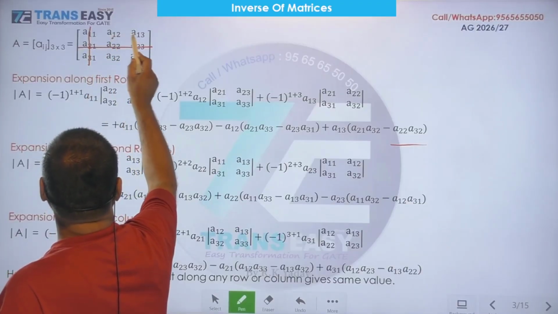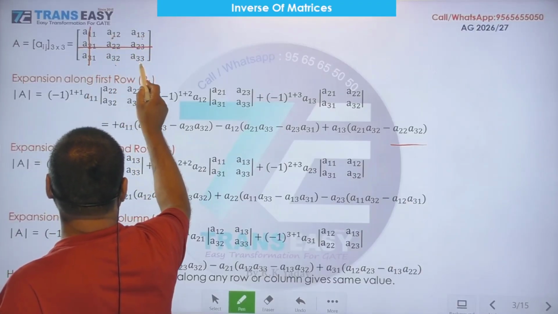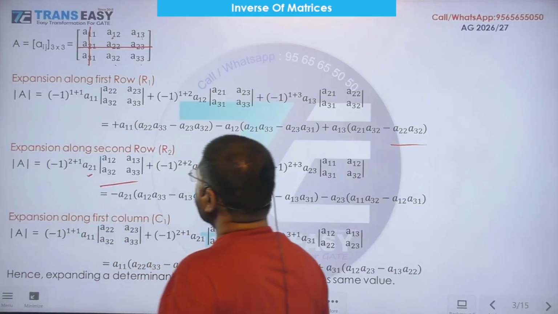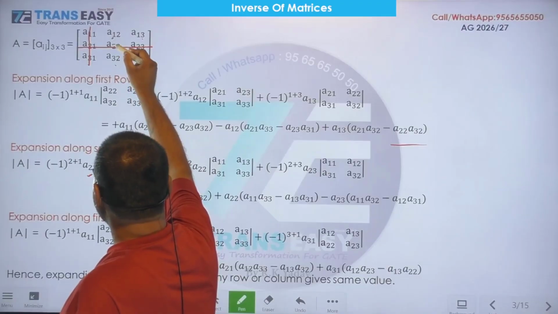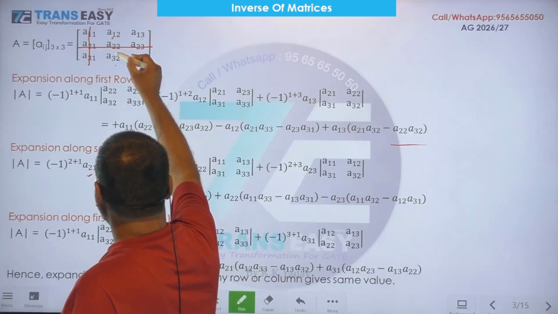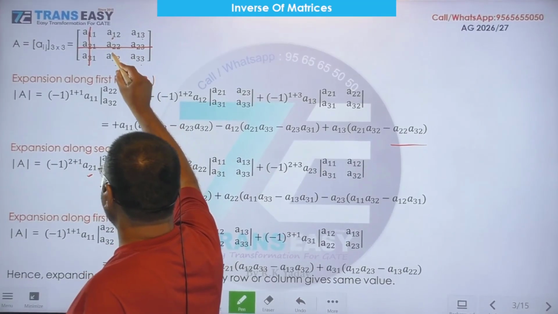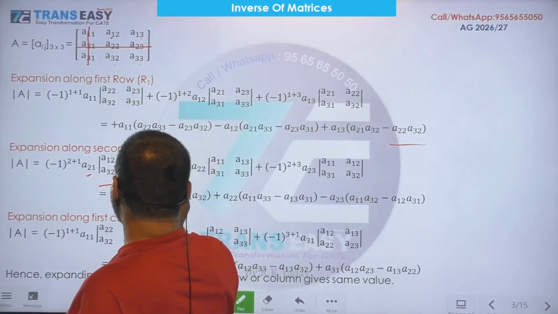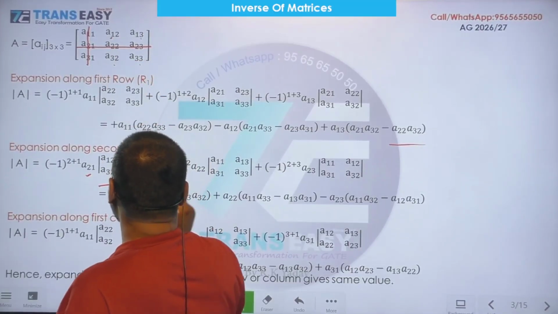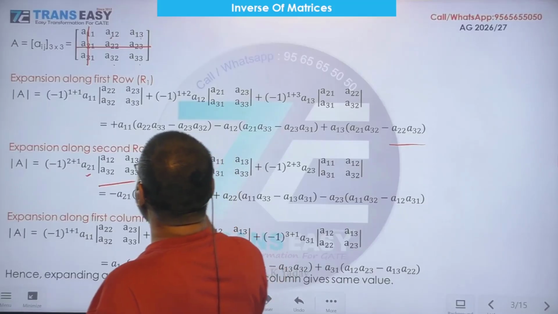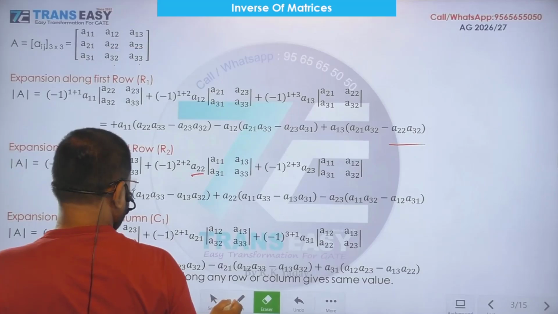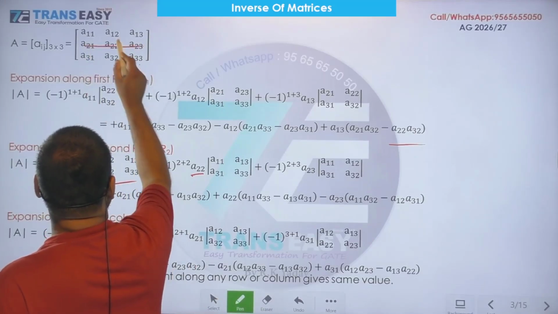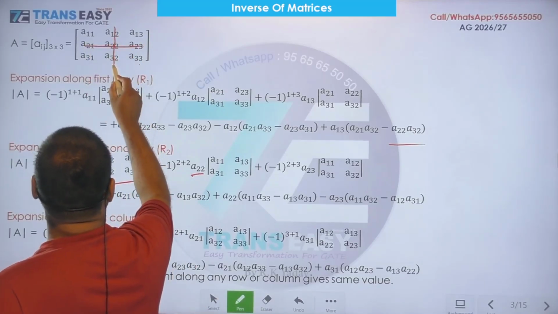So we have A12, A13, A32, A33. Minus 1 raised to the power 2 plus 2, this A22, leaving row and column passing through this element.